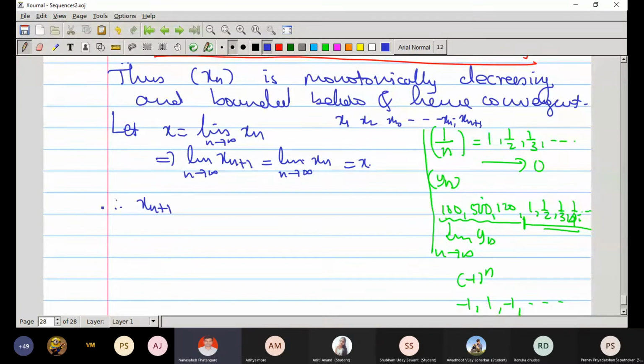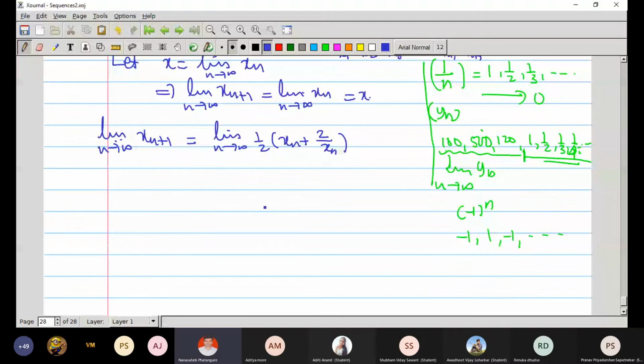And what is xn plus 1? Right? Because xn plus 1 is this. And so the limit is this. But what is the limit of the right hand side?